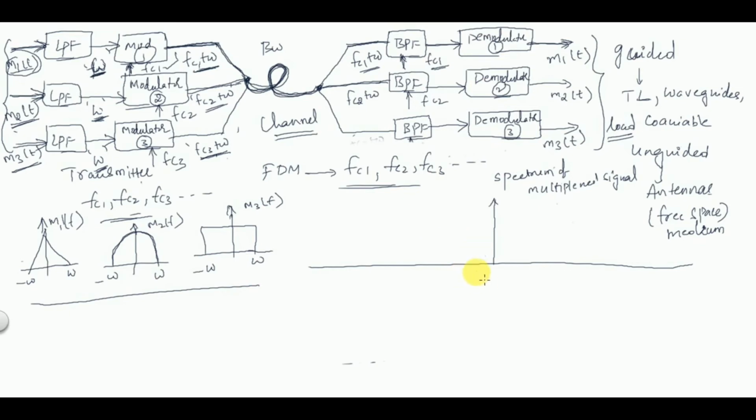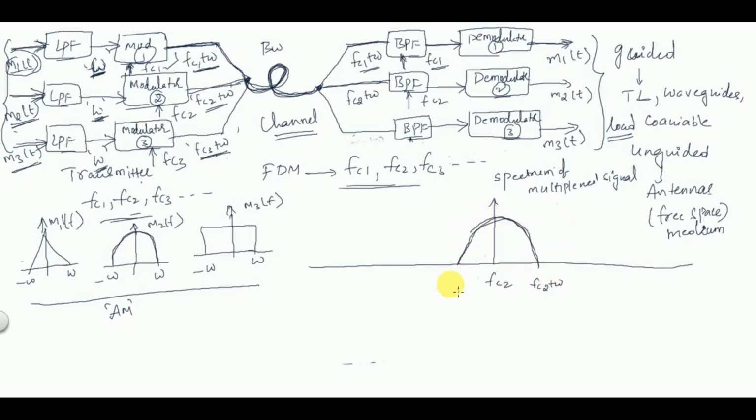Suppose I take this as center frequency fc2, then this will be fc2 plus w and this will be fc2 minus w. I am assuming all the signals as AM for easy understanding.